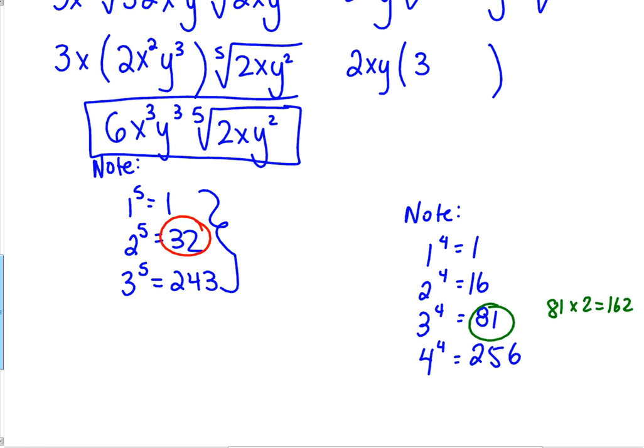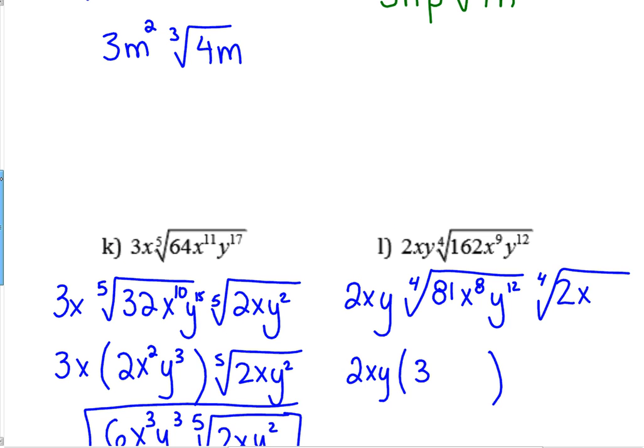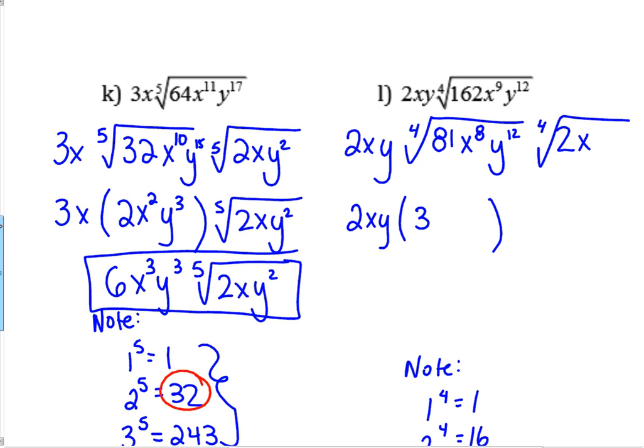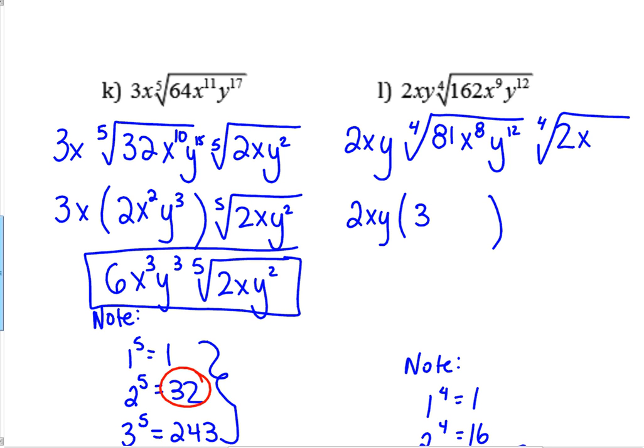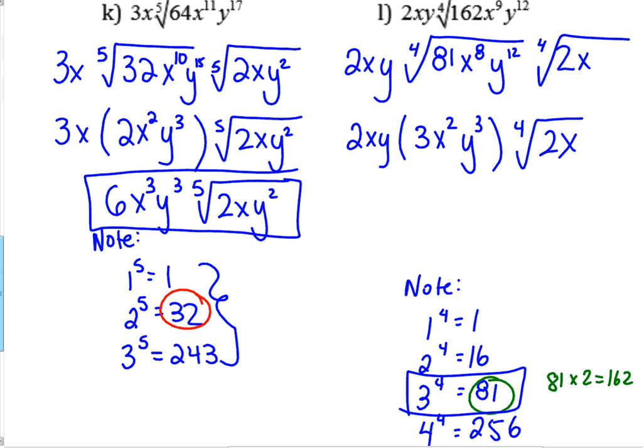Because 3 to the 4 is 81, the 4th root of 81 is 3. 4th root of x to the 8, x squared. 4th root of y to the 12, y cubed. And so one more step. Multiply these guys. 6x cubed y to the 4th root of 2x.